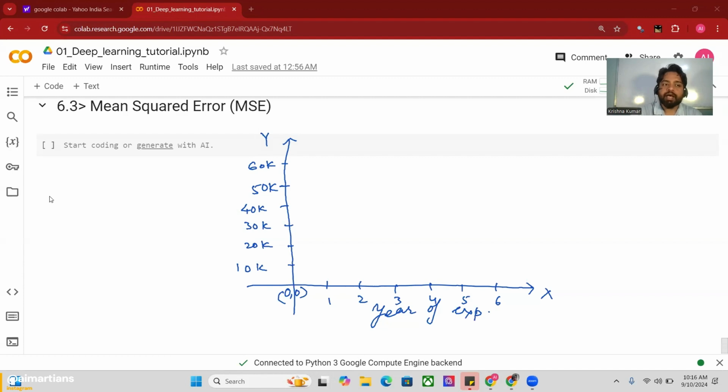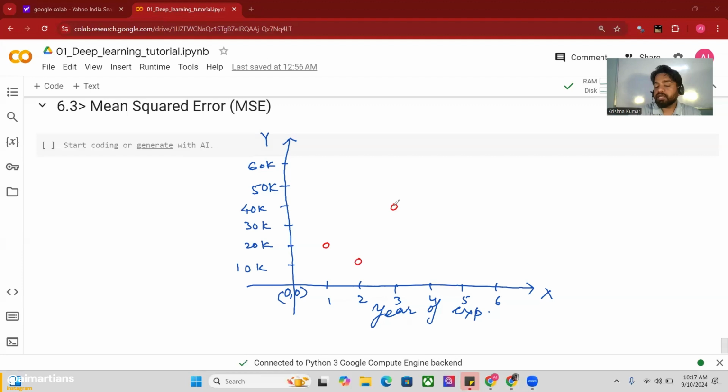Now, let's say I have given a few data, a few persons who are having some sort of salary. So let's say the very first person, the company hires a person having 1 year of experience. He is asking for, let's say, 20,000 of salary. Okay, having 1 year of experience. The other person having 2 years of experience is asking for, let's say, 10,000 of salary.